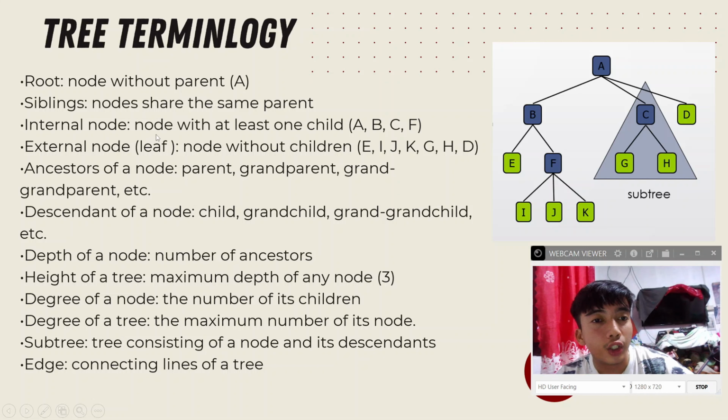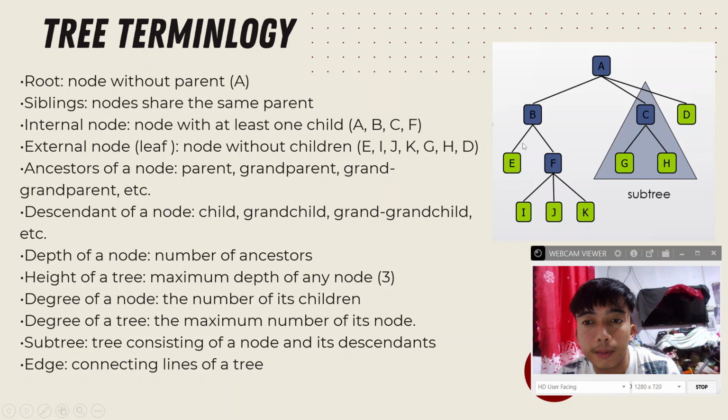Internal node: a node with at least one child. These are A, B, C, and F. A is considered an internal node because we can consider a node internal when it has its own child. Since A has three children, which are B, C, and D, A is an internal node.